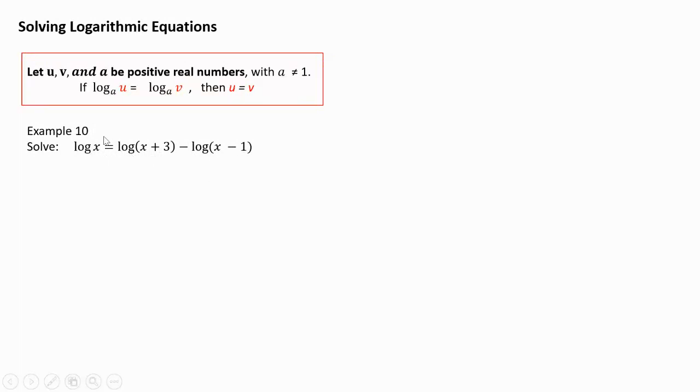So before you apply this rule here, both sides of the equation must be single logs, right? The left side is a single log, but not the right side. And one more thing I have to tell you, the logs cannot be negative. If you plug into the calculator log of negative 3, it's going to give you an error.